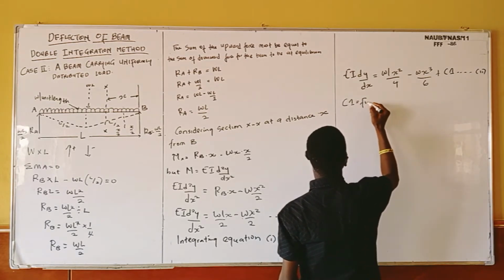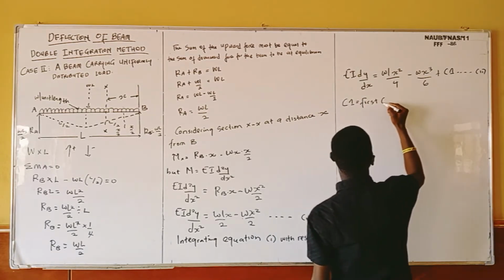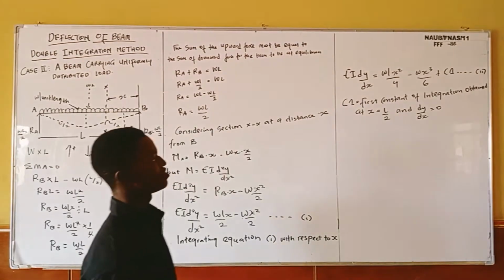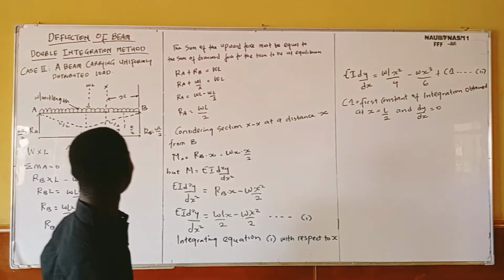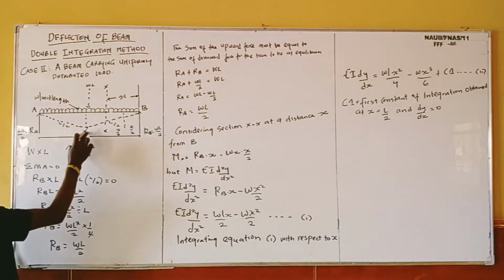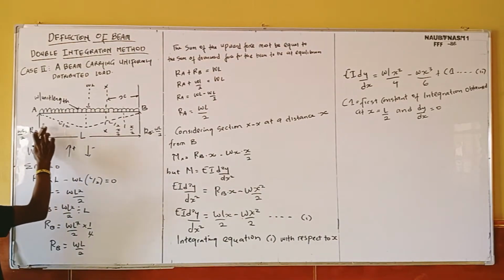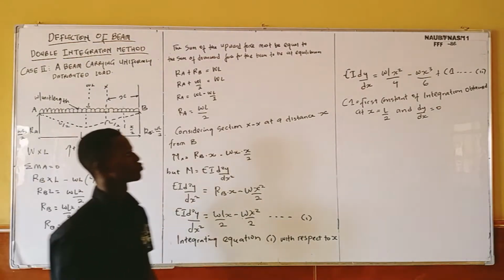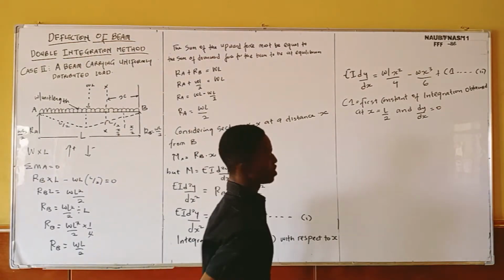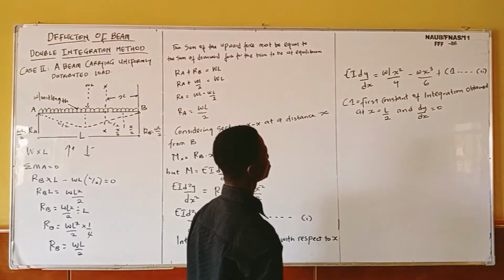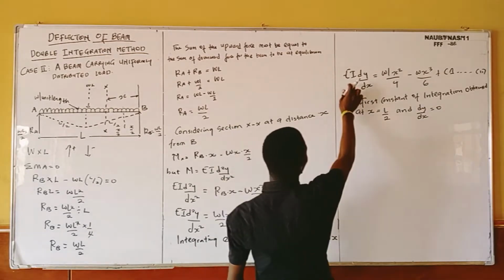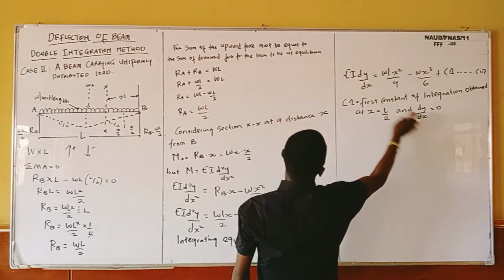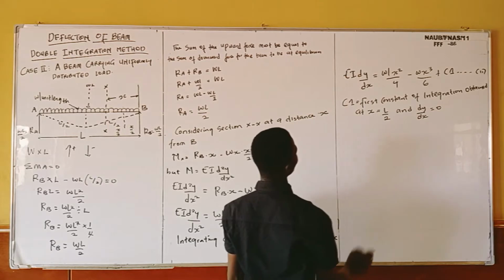In this case, our C1, our first constant of integration, is obtained at this point when x is L over 2 and dy dx is equal to 0. So let's substitute x equal to L over 2 and dy dx equal to 0 in equation 2. Automatically dy dx equal to 0, so this one will be 0.